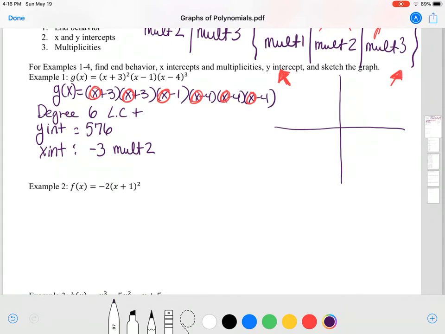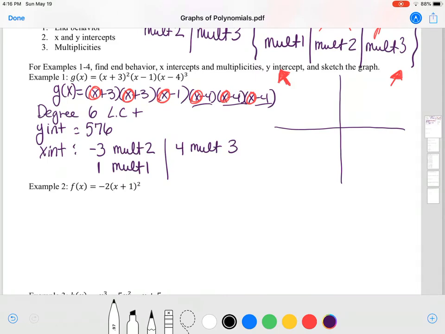I also have an x-intercept of 1, but that only has a factor x minus 1, so this is going to be multiplicity 1. And then I have one other x-intercept. If I plug in 4 for x, that's going to give me 0 for y. So when I plug in 4, that's going to give me a multiplicity of 3, because I have 3 factors of x minus 4. So I'm going to go ahead and graph this.